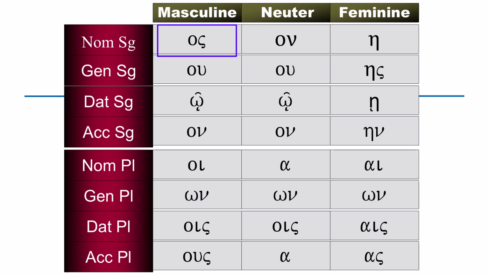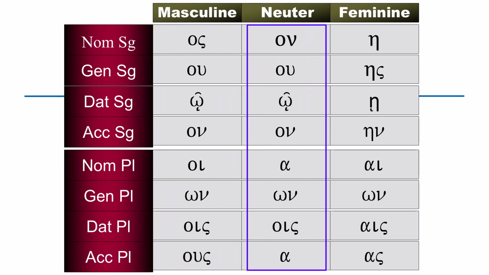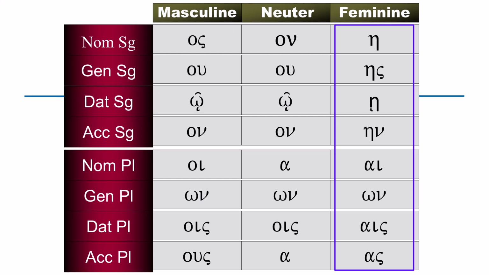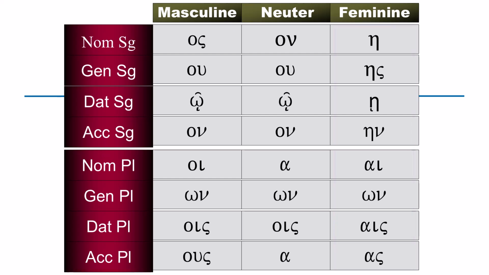So there are three genders on the paradigm. You have masculine endings, you have neuter endings, and you have feminine endings. If a word is having masculine endings, it's in the masculine gender. If a word is having neuter endings, it's going to be in the neuter gender. If a word is having feminine endings, it's going to be in the feminine gender.